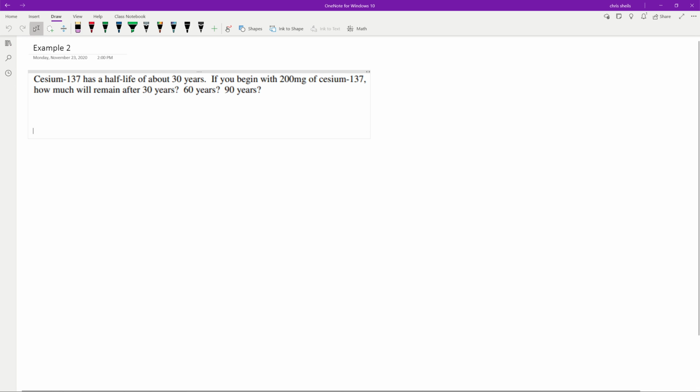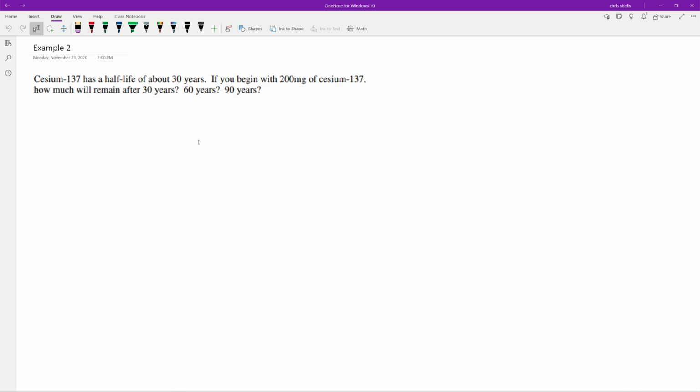This next question is more of a conceptual question. This is just regarding what half-life is, essentially. So, cesium-137 has a half-life of about 30 years. If you begin with 200 milligrams of cesium-137, how much of it will remain after 30 years?